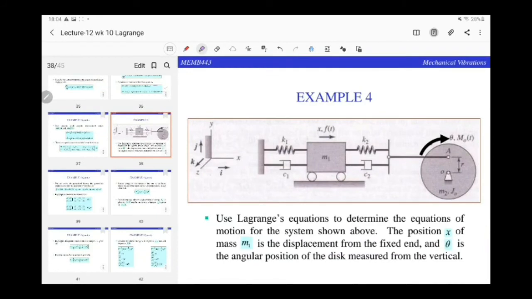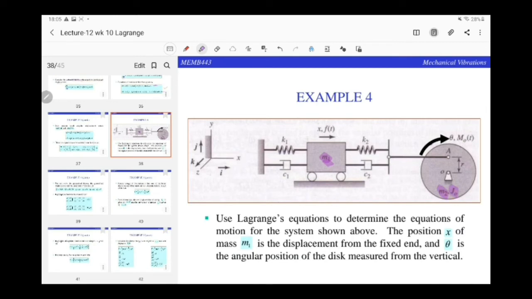For example 4, this is another system which is actually a combination of a mass and also a roller here. From this system you also identify the masses. You can see M1, mass 1 here, but for this cylinder, or basically a circular cylinder, you have M2 and J0.